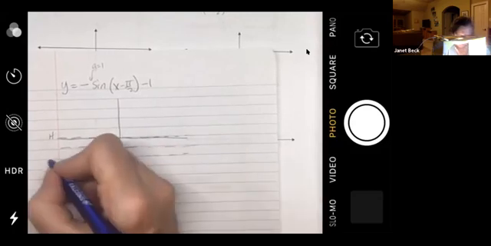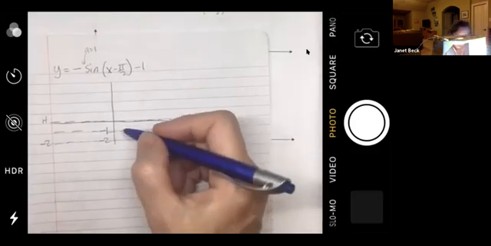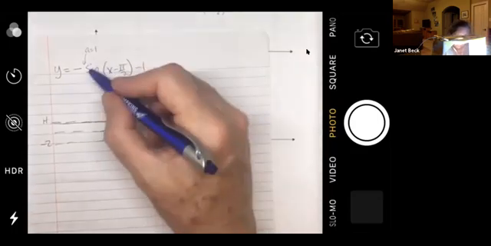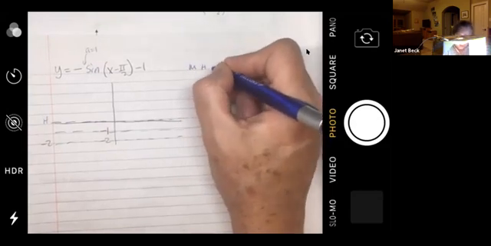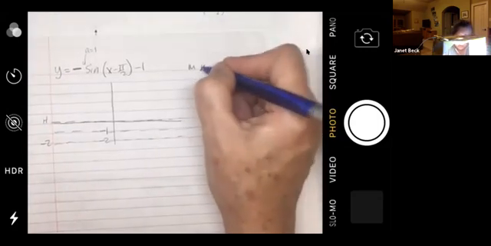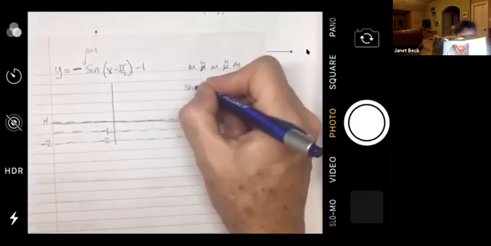Oh, this is going to be an ugly graph the way I've graphed it. I laid out my scale badly. The pattern for a sine is normally middle, high, middle, low, middle, but because it's negative, that high will become a low, that low will become a high. Okay, I'll start.